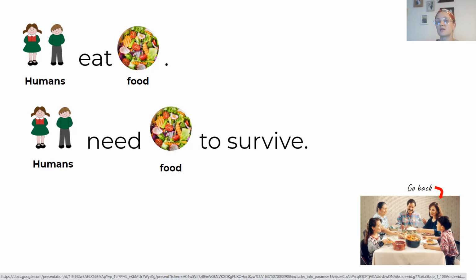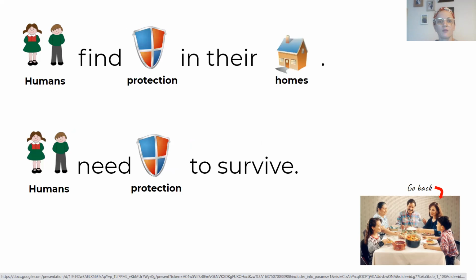Humans obviously find their protection slightly differently to animals, because we have things like our homes, and that will protect us from various weather conditions and keep us safe. So it's important that we have some protection and some shelter to keep us safe and to survive.